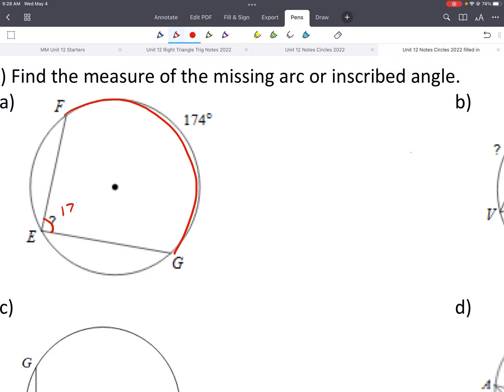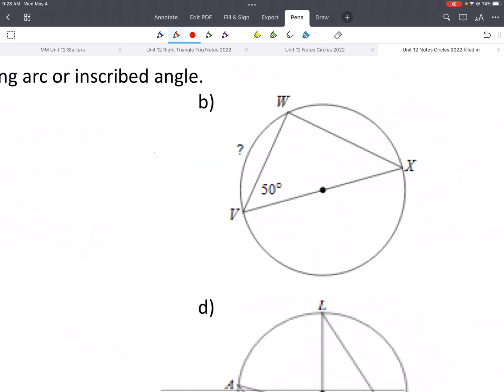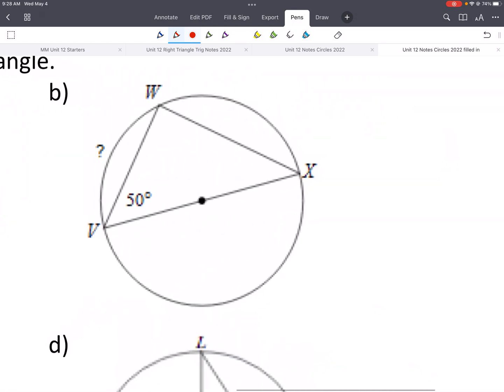So 174 divided by 2, and that would give you, I think it's 87 degrees. Okay, maybe I should get my calculator out. All right, so just keep that rule: the angle is half of the arc, or the arc is 2 times the angle.